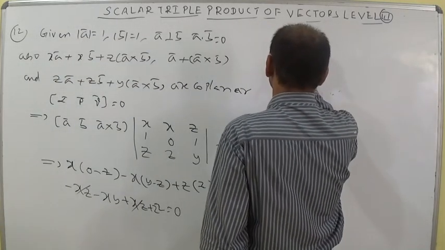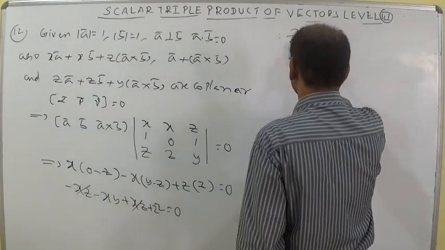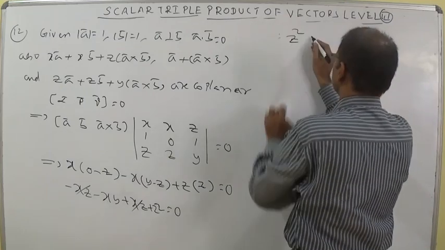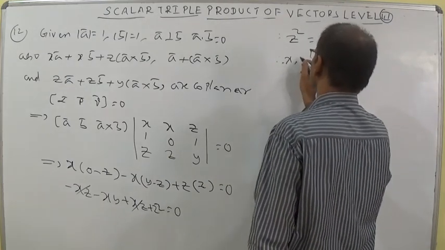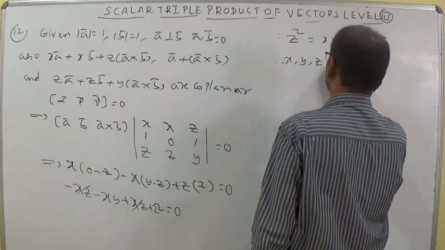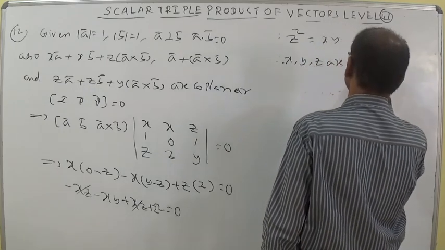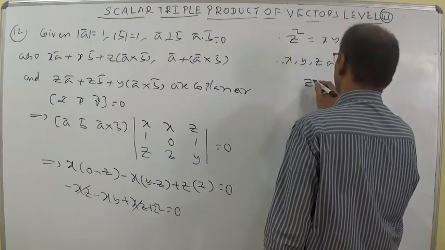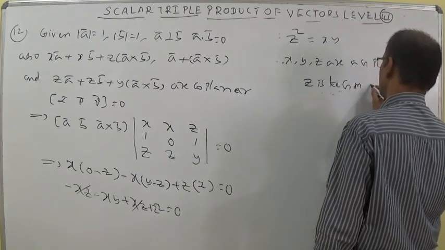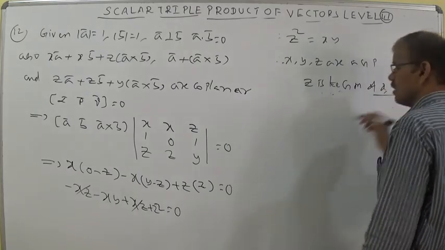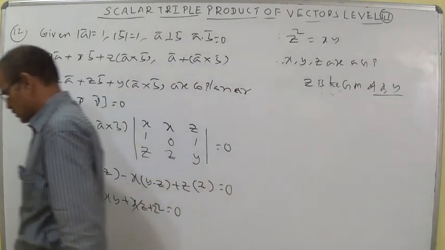Therefore, Z square equal to 0, so Z square is equal to XY. Therefore, you can say that X, Y, Z are in GP and Z is the geometric mean of X, Y.